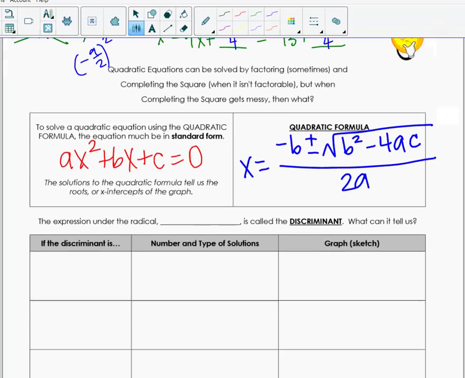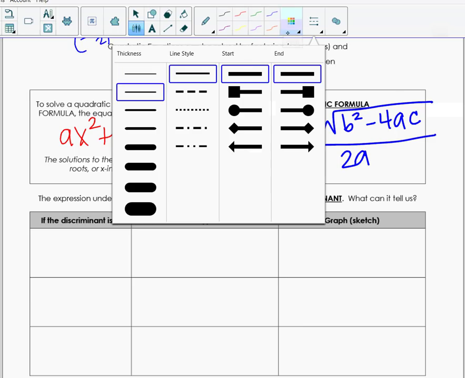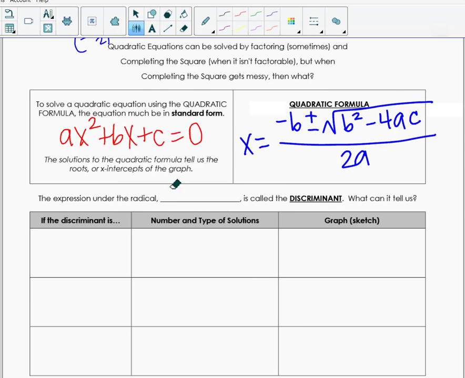So a couple things before we do the formula as a whole. The expression underneath the radical, which is just the b squared minus 4ac part, okay? We call that the discriminant, okay? Why do we care about that? Well, the discriminant tells us a couple things.